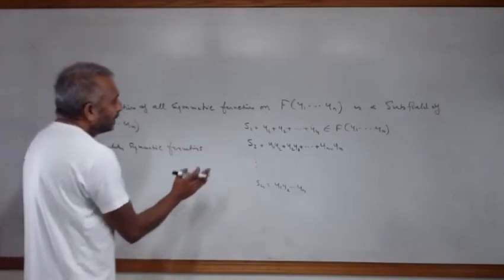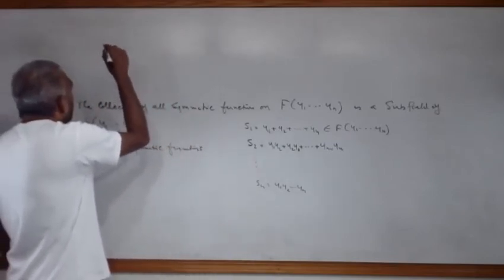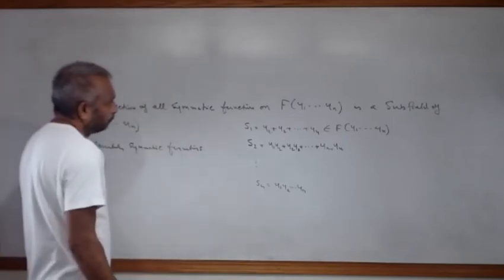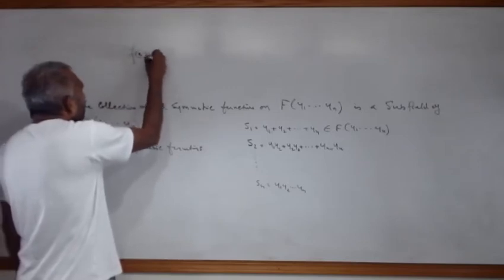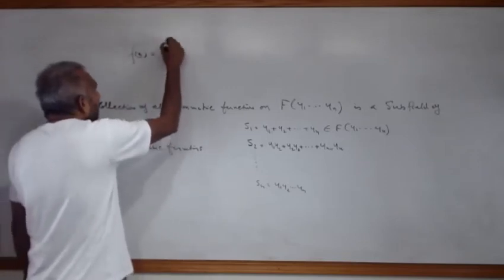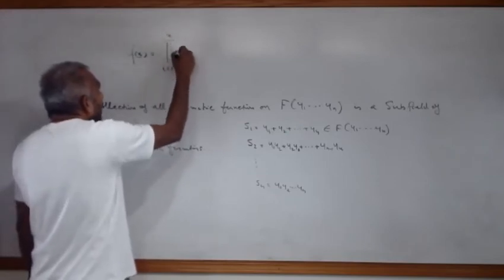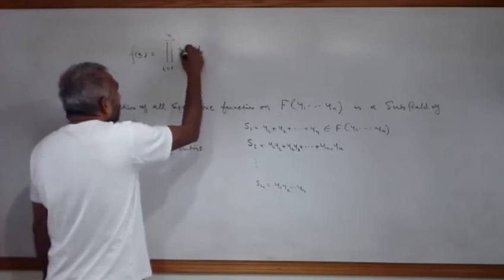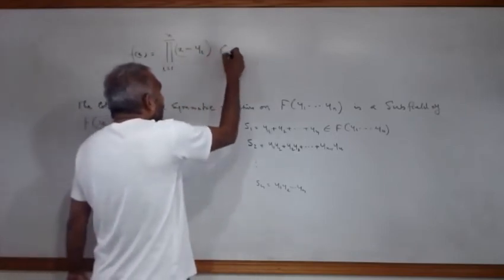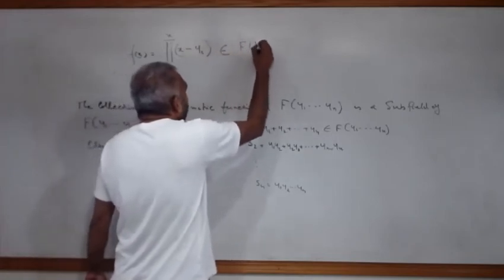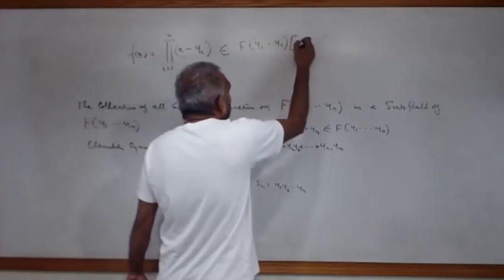So these are actually, if you consider a polynomial f(x) equal to the product for i equal to 1 to n of (x minus yi). This is actually an element in F(y1, ..., yn)[x]: this is the field and this is the polynomial.